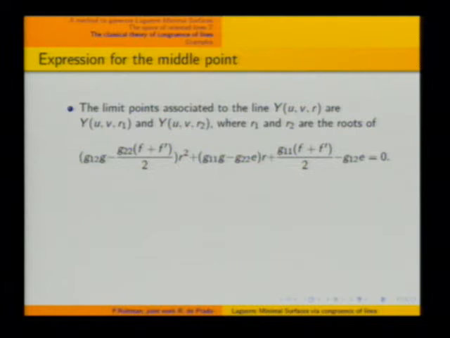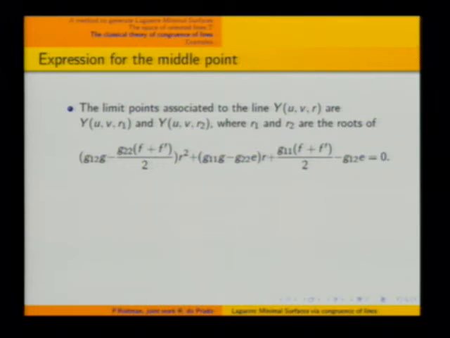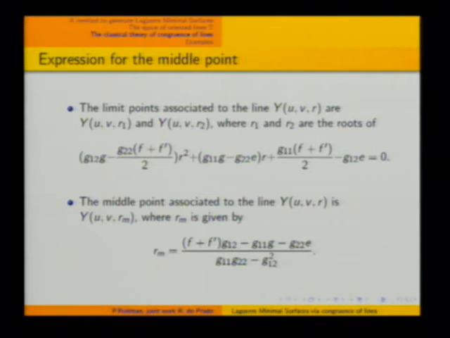The limit points are given by, here, this is just the metric in the sphere, and this is a combination between derivatives of x and n. So the limit points are the roots of this quadratic polynomial for r. And after some computations, the middle point is this expression.